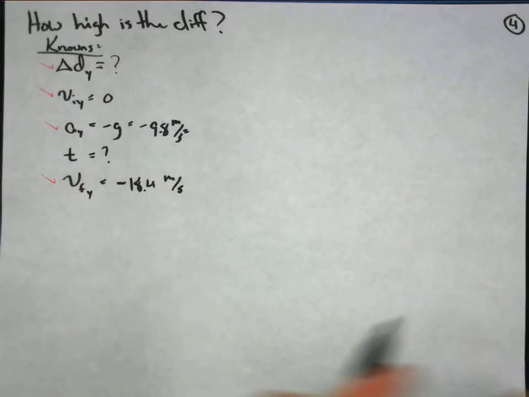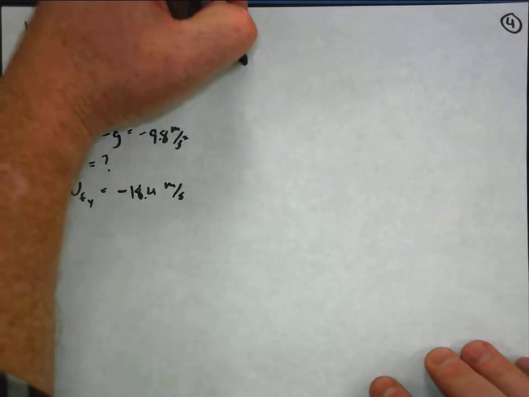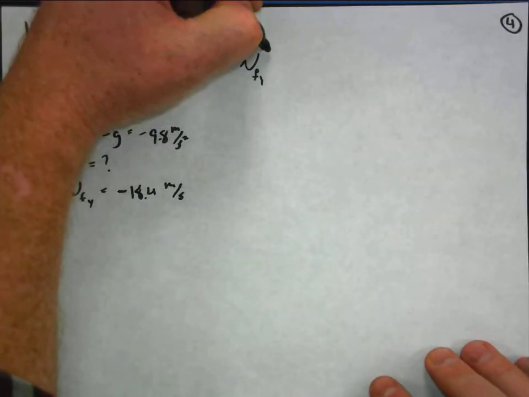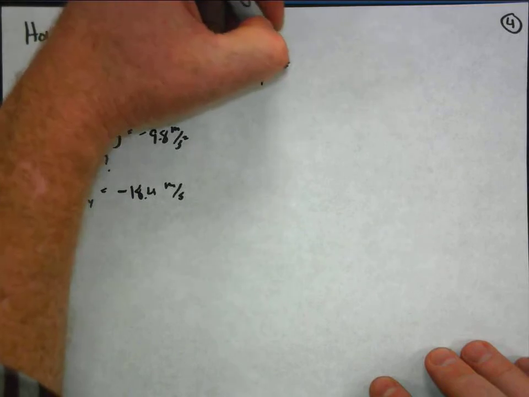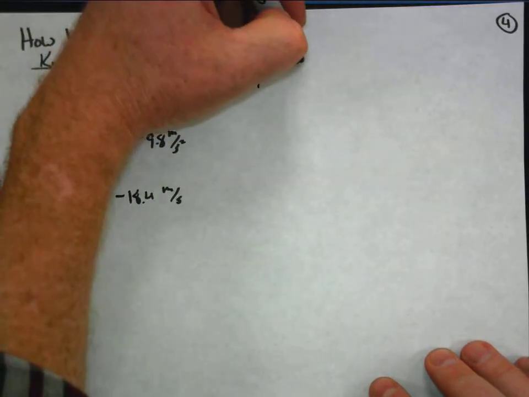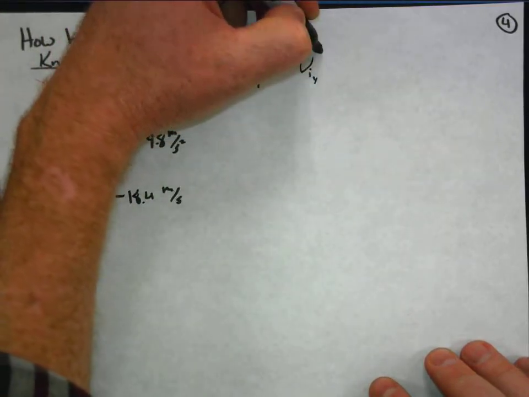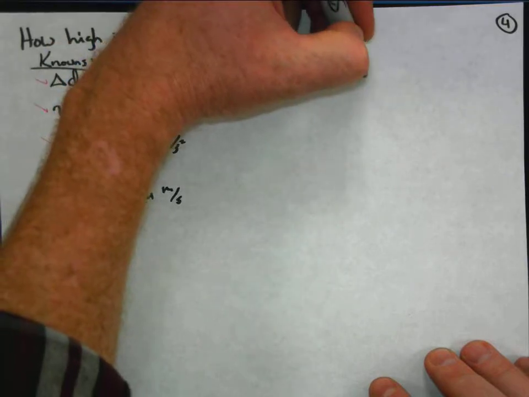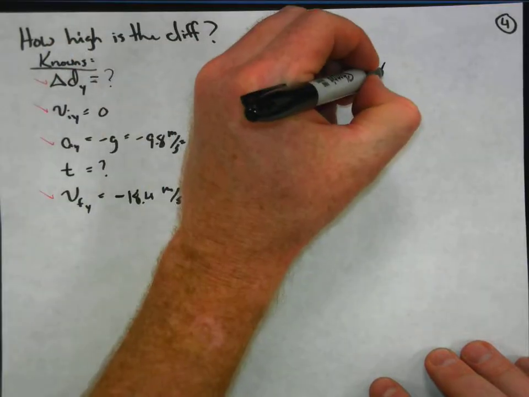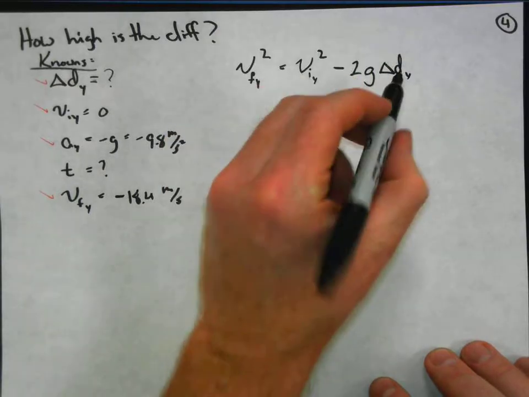So the most direct route is going to be this equation: final velocity squared, in the y direction, equals initial velocity squared minus 2g delta d in the y direction.